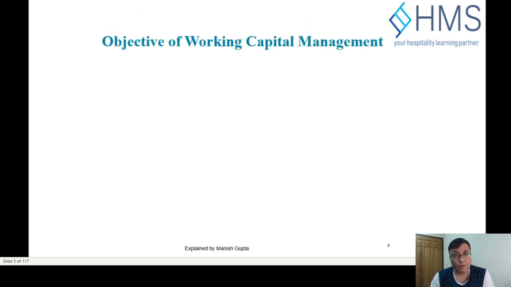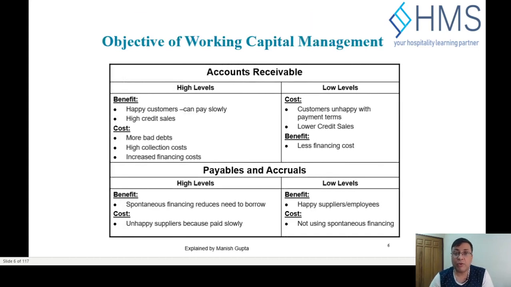Let's look at the other two components. The other components of working capital are accounts receivable. A high level of accounts receivable shows that you have been maintaining your customers, you have high credit sales, they can pay slowly, but the problem is that it may cause more bad debts, it may cause high collection cost, and it can increase your finance cost.